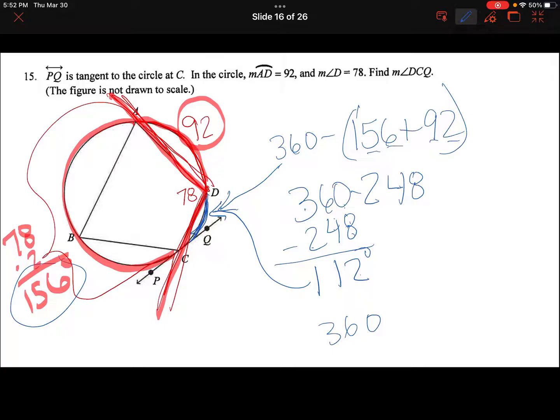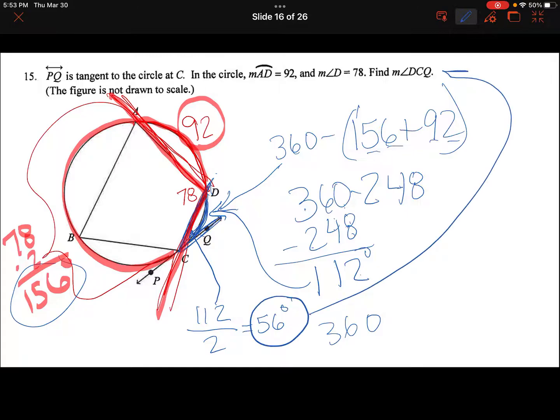We're wanting angle DCQ, and these angles do function as inscribed angles. So if the arc is 112, the angle is going to be half of that. We want 112 divided by 2, which is going to give us 56 degrees. 56 degrees is ultimately what we're looking at here.